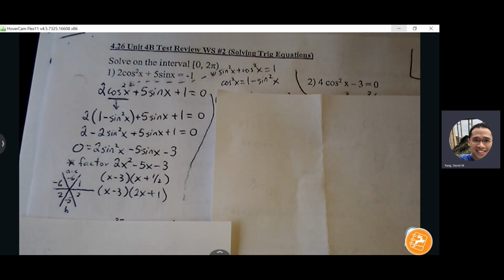Reduce the fraction. -6/2 is -3. 1/2. I can pull that 2 out in front. -2 sine squared x plus 5 sine x plus 3.